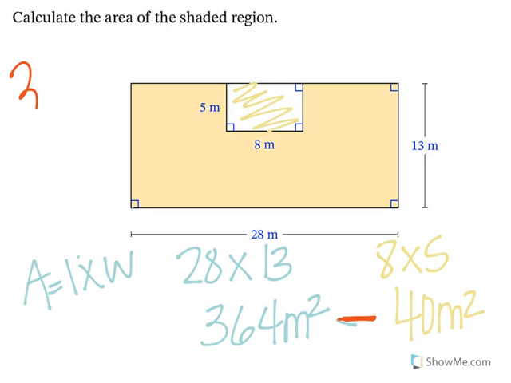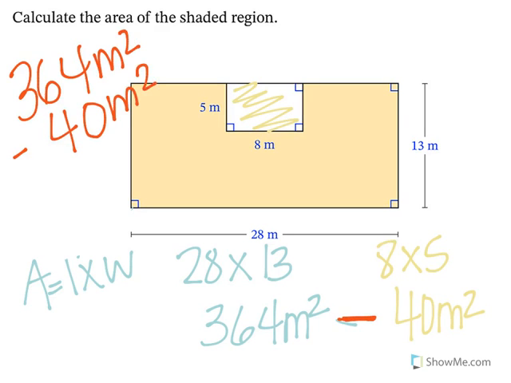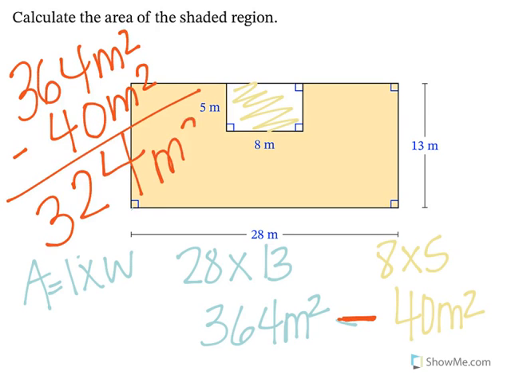So we're going to do 364 minus 40. That gives us 324. So the area of the shaded region is 324 meters squared.